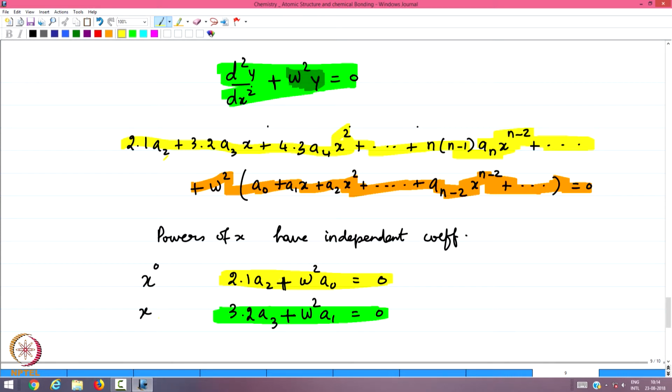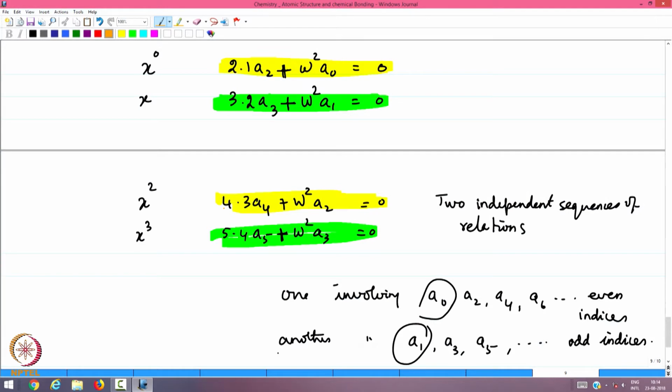The coefficient of x is 3.2 times a3 here, this term, and the corresponding omega squared term for the power of x is omega squared times a1. Then you can write down a few more terms, namely 4 times 3 a4 plus omega squared a2 is 0, 5 times 4 a5 plus omega squared a3 equal to 0.